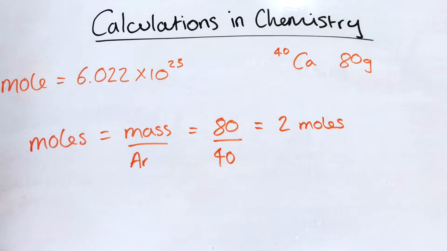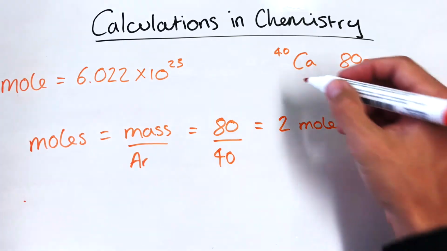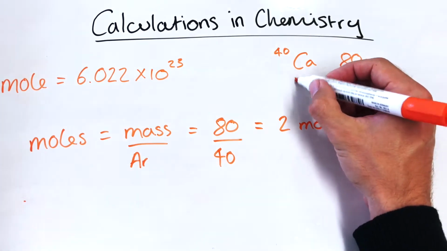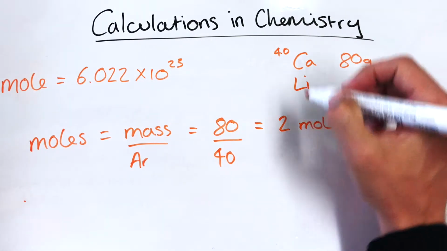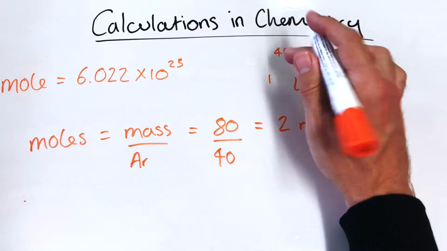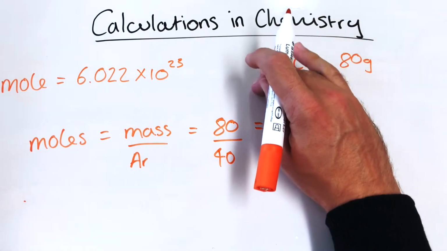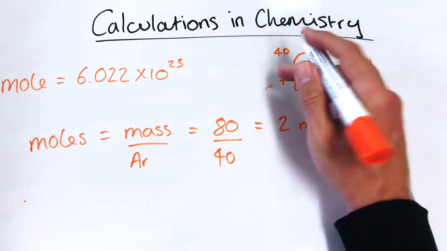Now we can look at other examples, this time where we have a lower mass compared to the number of moles. This time, let's look at lithium, and we've got 1.5 grams of lithium. Lithium has a relative atomic mass of 7.